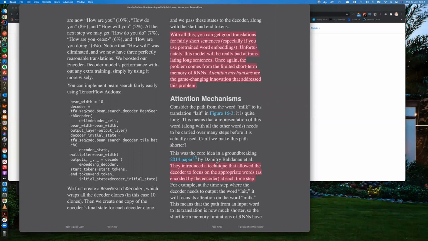This fellow Dmitry Bahdanau in 2014 introduced this interesting concept, a technique that allowed the decoder to focus on the appropriate words as encoded by the encoder at each step. So instead of carrying some context specifically for that word milk, they've introduced a mechanism where at any particular point you can focus on whatever you need in the whole sentence to be able to do what you need to do.